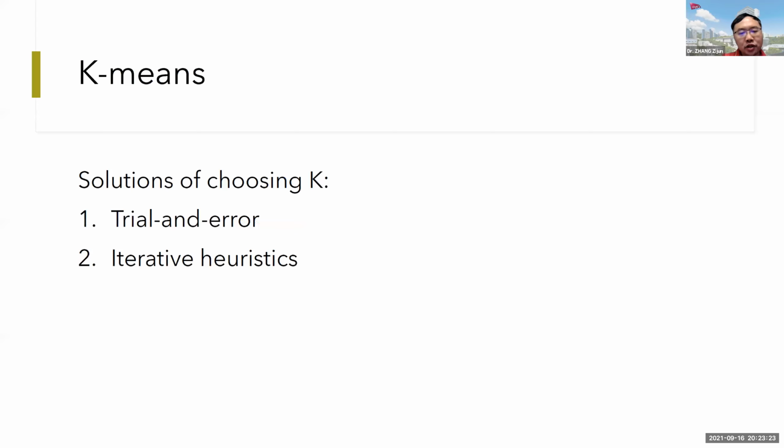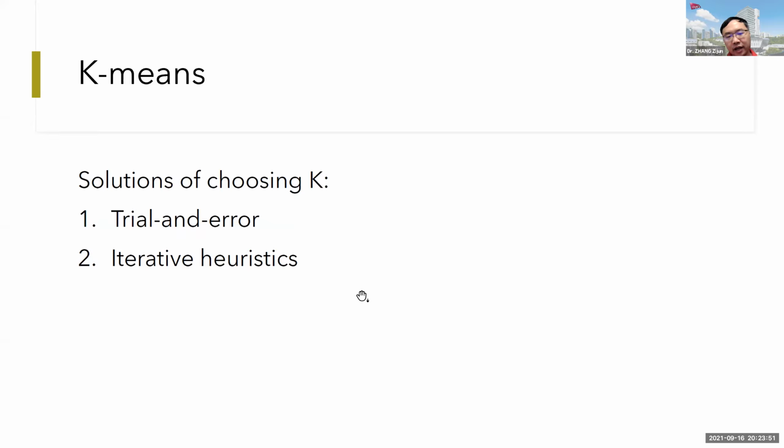Solutions of choosing K, actually I have talked about it. There are 2 ways to determine K. The first one is to use trial and error. Arbitrarily set K to some values. And the second is called iterative heuristics, which I have explained before. That means you can set K from a value 2 to a maximum value, for example, 25.